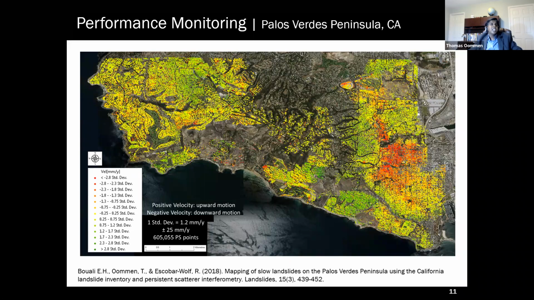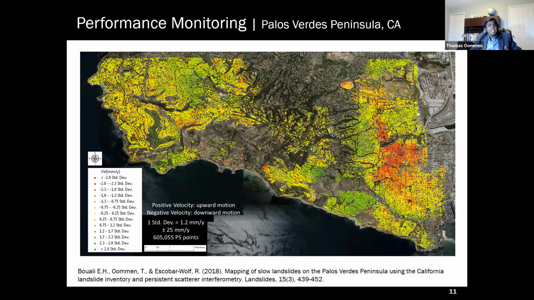The second reason could be that the area is too vegetated, as vegetation often interferes with InSAR. Those are some of the limitations that we have. If you have rapid movement happening or vegetation, you have challenges.